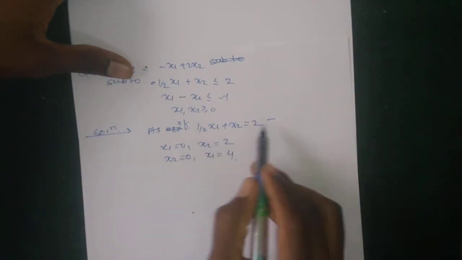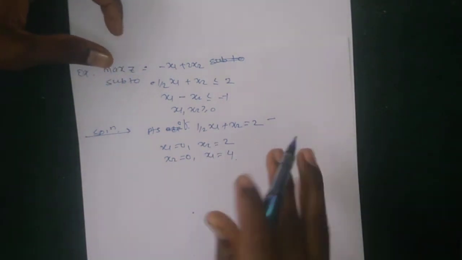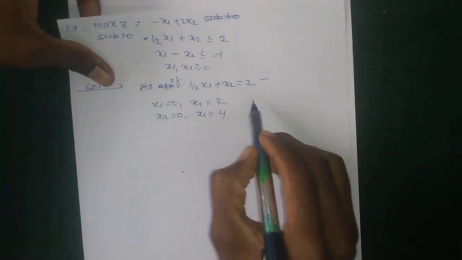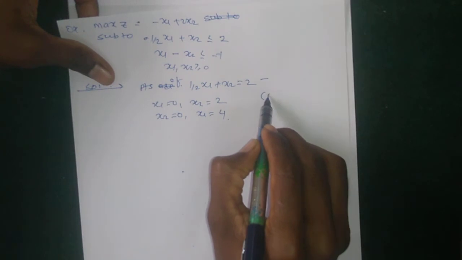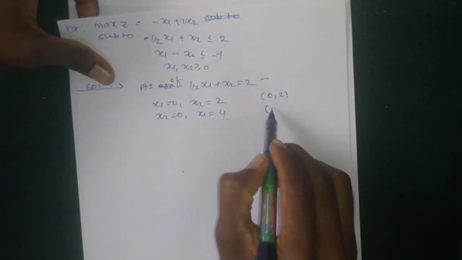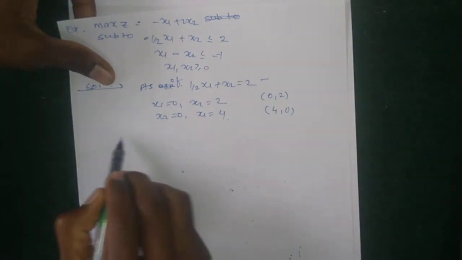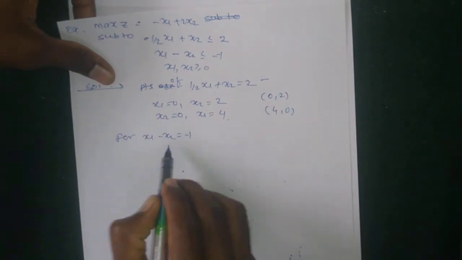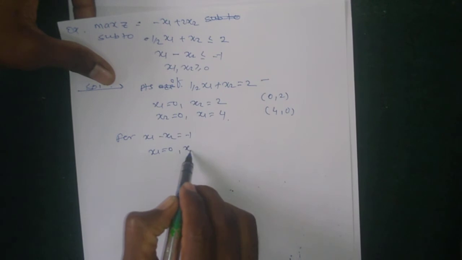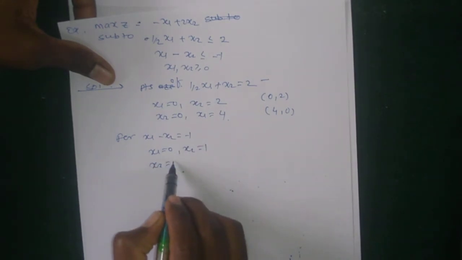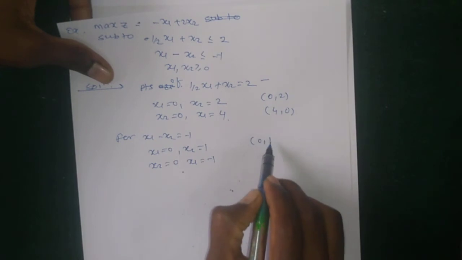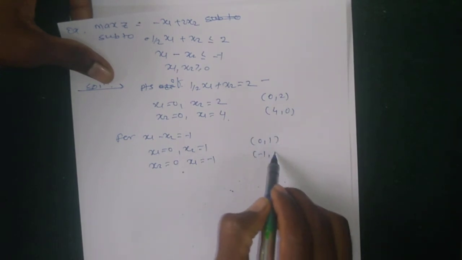That is, points are (0, 2) and (4, 0). Then for the second line, x1 minus x2 is equal to minus 1. When x1 is equal to 0, then x2 is equal to 1, and when x2 is equal to 0, then x1 is equal to minus 1. So points are (0, 1) and (minus 1, 0).